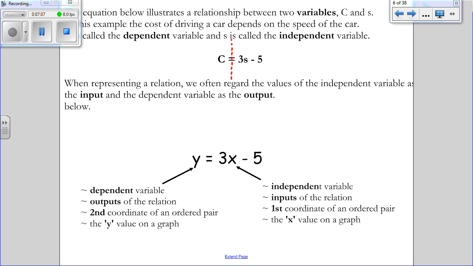The letter that's all by itself, we call the dependent. It's dependent on whatever happens on this side of the equation. The letter that's on the other side of the equation, we call the independent variable.